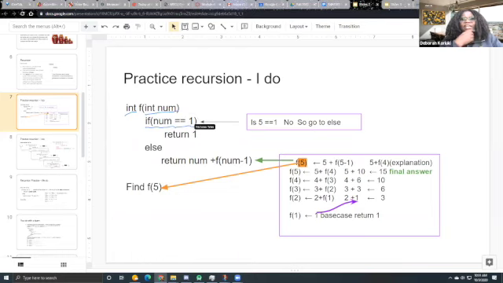We already said that our num was 5. As long as it's not, we return num times F of num minus 1, else we return 1. And that is how you find the factorial.